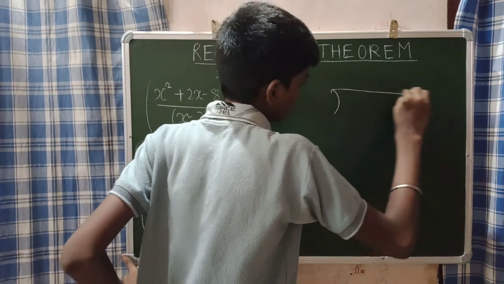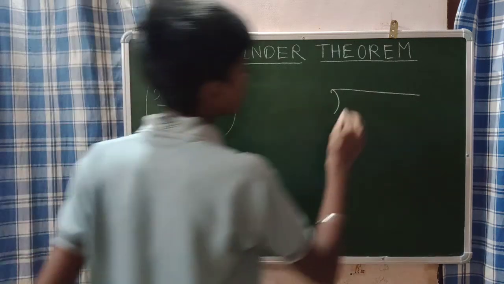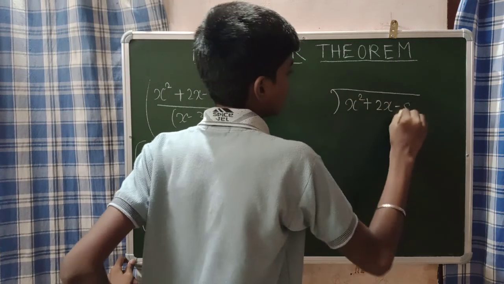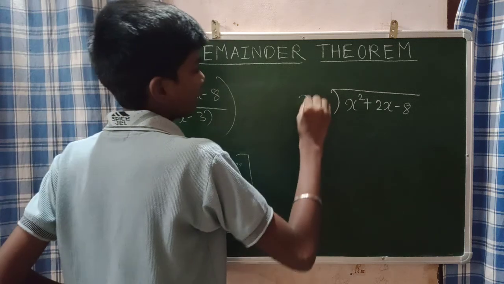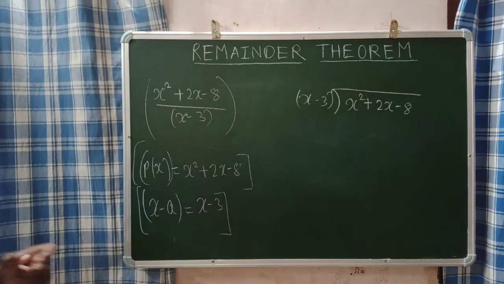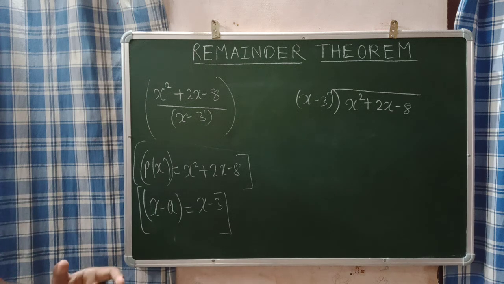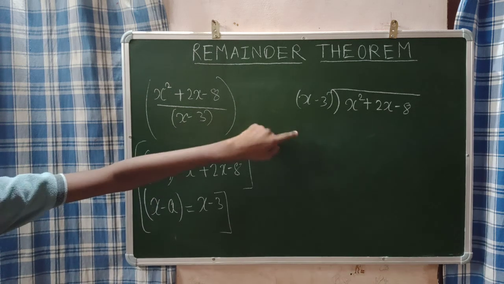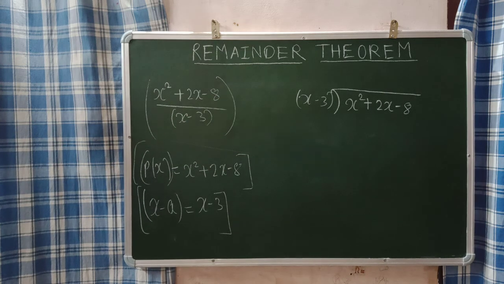They will put x square plus 2x minus 8 inside and divide by x minus 3.